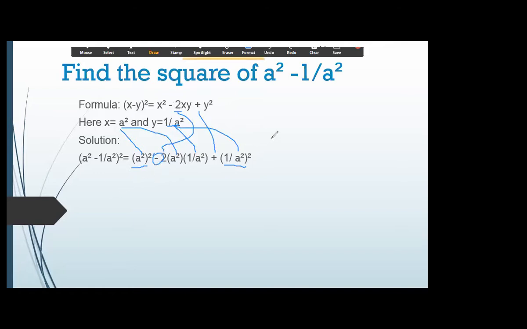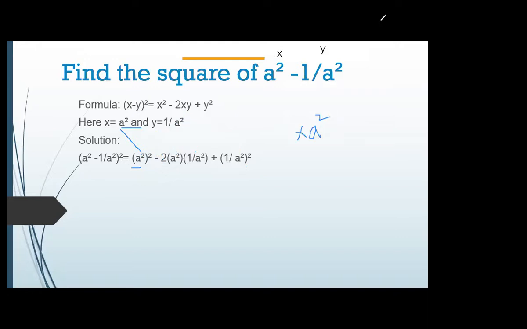Now (a square) whole square means a square multiplying twice. So a square into a square is, can you please share your answer in the chat box? Very good, Aisha. Very good, Manahel. Here we get the answer a raised to the power 4, then minus 2.